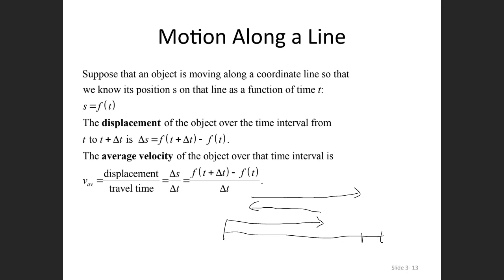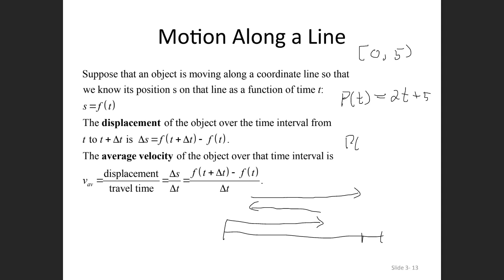So the displacement of the object over the time interval is just basically what you said. It is just from where you start to where you end. So if I gave you a position function, so if I said position at time t is equal to 2t plus 5, and I said, what is the displacement between time 0 and 5? Well, you would plug 0 in here.